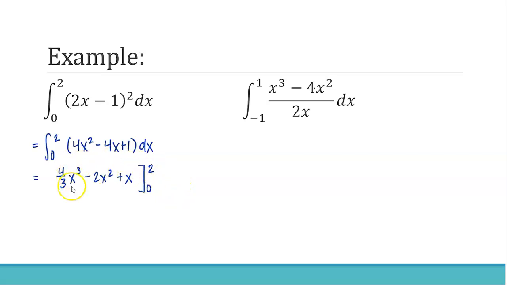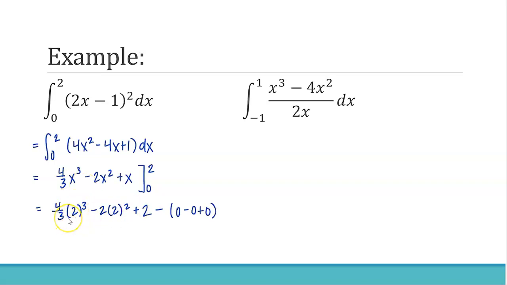So we're going to substitute in a 2 for each x. So we're going to have 4/3 times 2 cubed minus 2 times 2 squared plus 2, and then technically minus 0 being plugged into each x. But because this is a polynomial, it's just a bunch of zeros. 0 minus 0 plus 0.